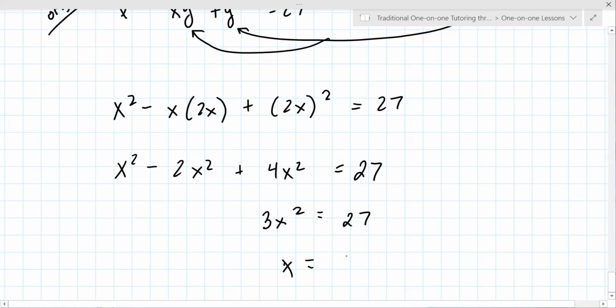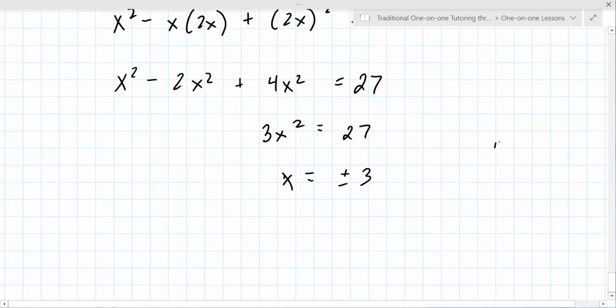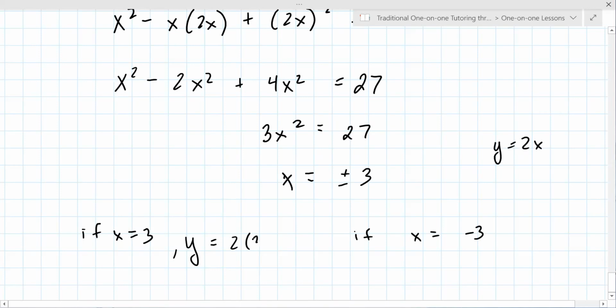Yeah, so x is plus or minus 3. And then you use the y. What was it? Y equals 2x. Right. So you say if x equals positive 3, if x equals minus 3, what is my y? So then it's 6 or negative 6. So your points are 3, 6 and negative 3, negative 6.